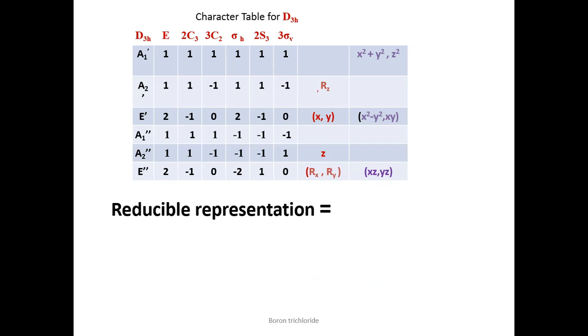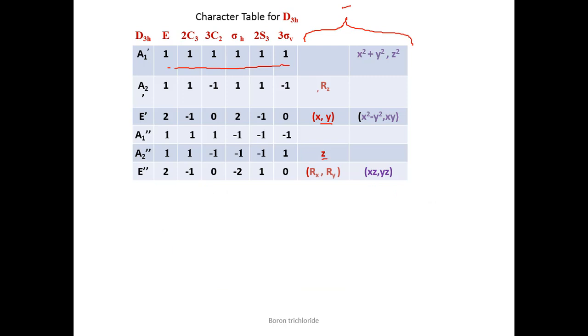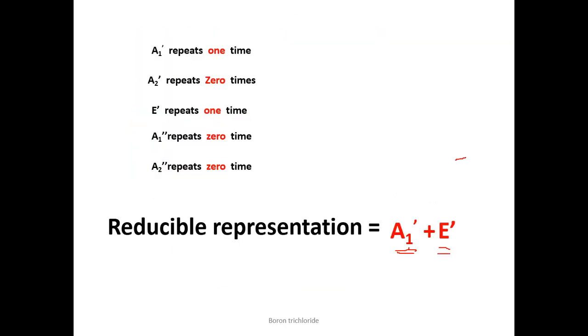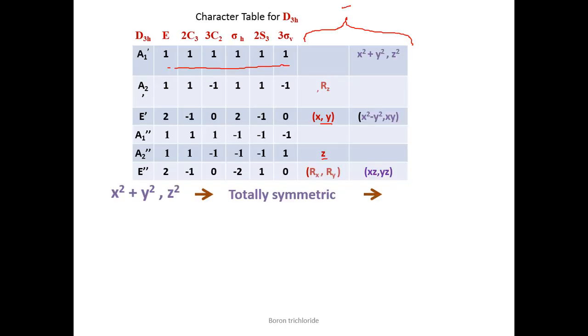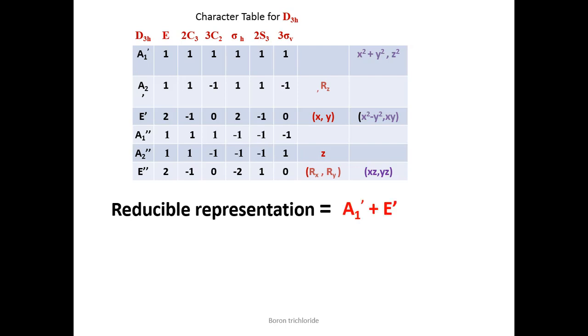Using this, let us find out from the reducible representation A1 dash plus E dash, which we got earlier. Let us go back and show you. This is the reducible representation we have got, A1 dash plus E dash. Using this reducible representation, what you have to do is look at the row corresponding to A1 dash first.